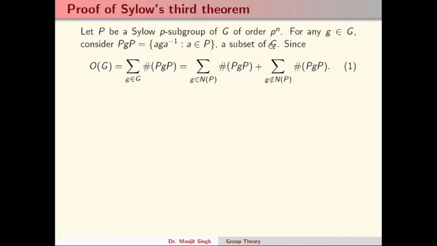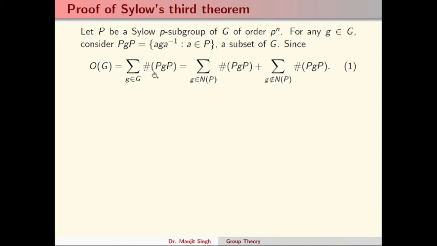In that video we studied there is an equivalence relation, and these will be equivalence classes of that relation. So this is a subset as an equivalence class, and G can be written as a union of these disjoint classes, and therefore the order of G is the sum of the number of elements of these classes.